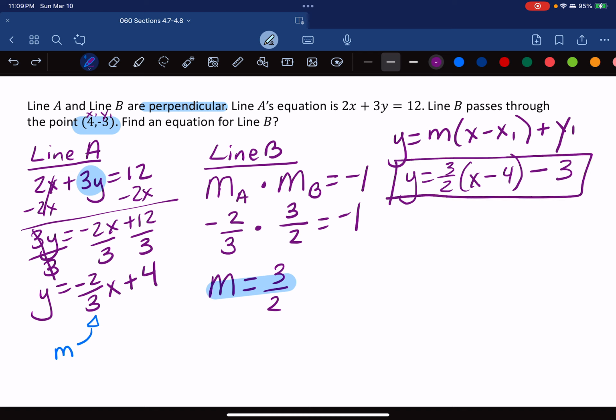I do want to go a little bit further because in some of your problems, it will ask you to write your answer in multiple ways or in a specific way.